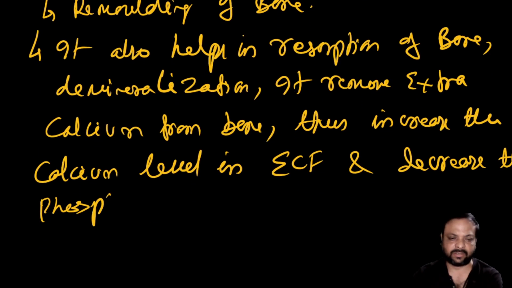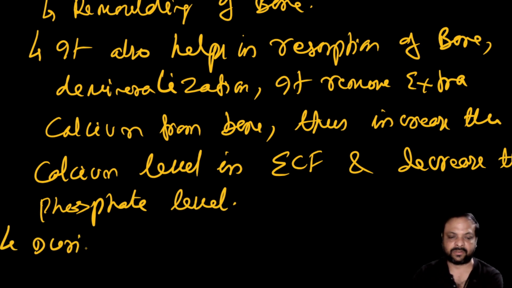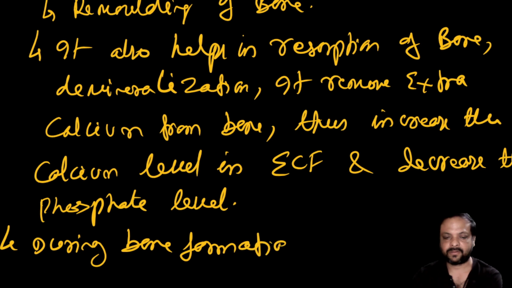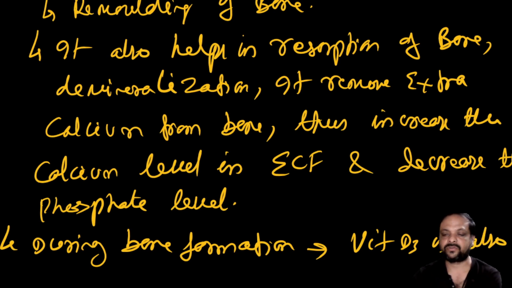Sorry, decreases the phosphate level during bone formation. During bone formation, what happened? Now vitamin D3 is also used. Got it? So during bone formation, vitamin D3 is also used.